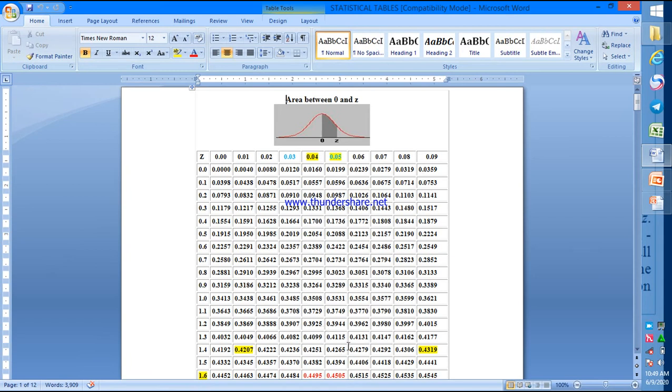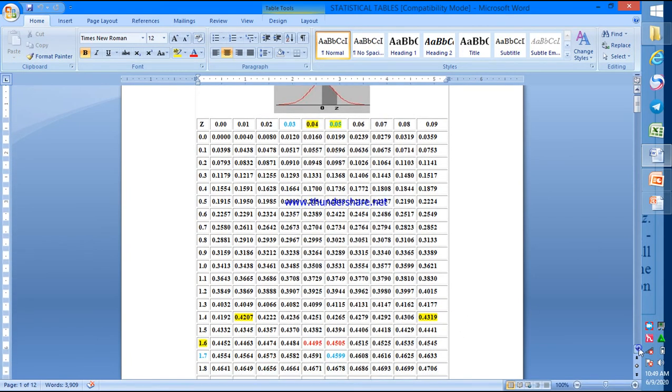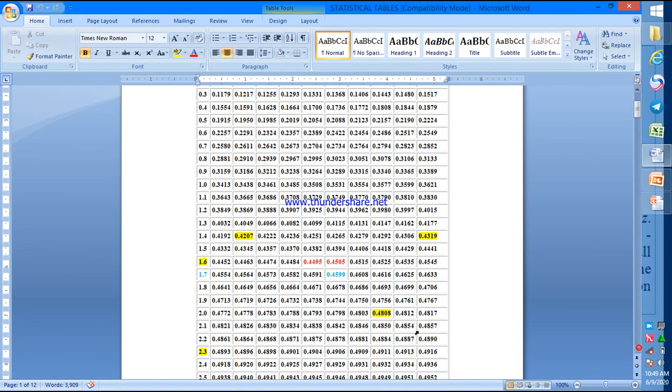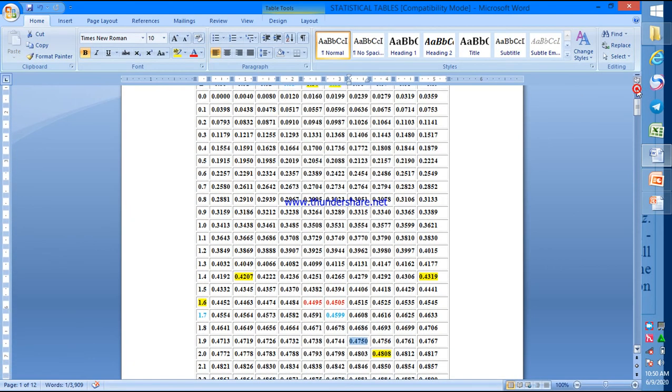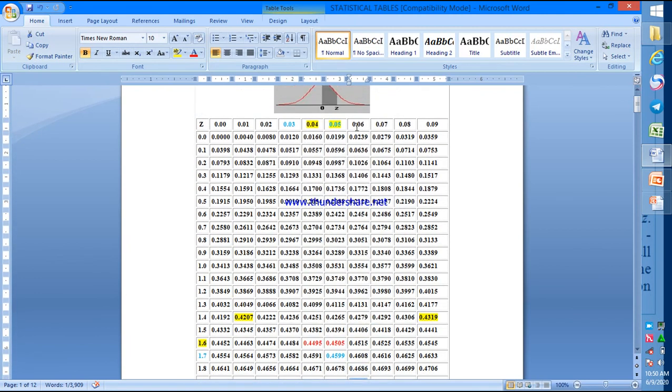We find 0.475 here, so the Z value is 1.9, and going up, we find 0.06.